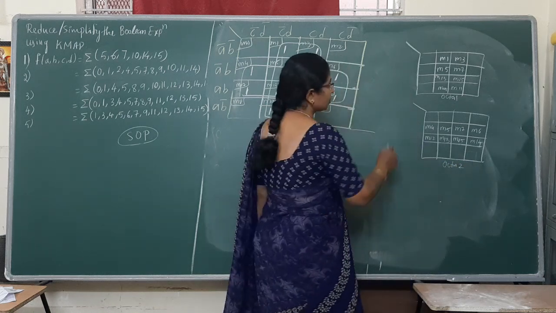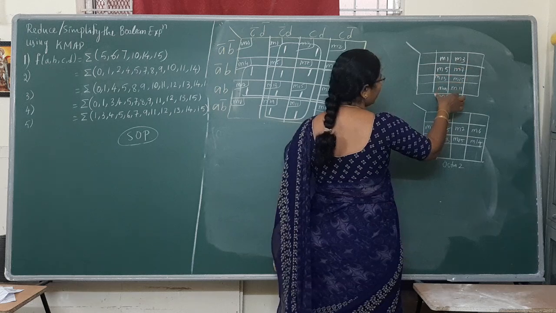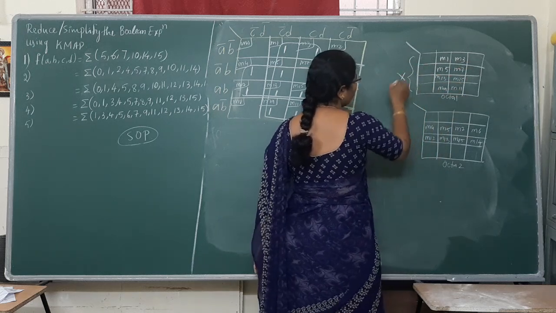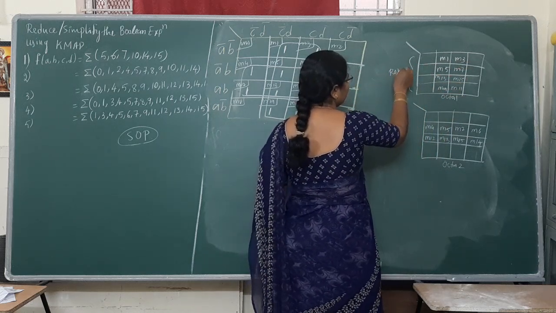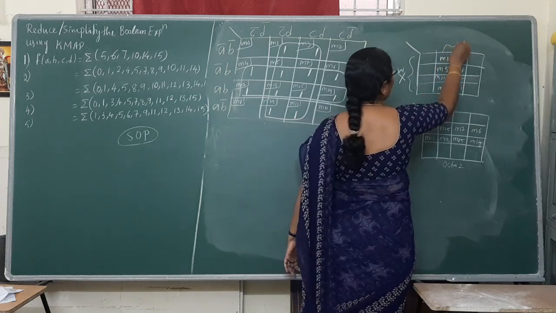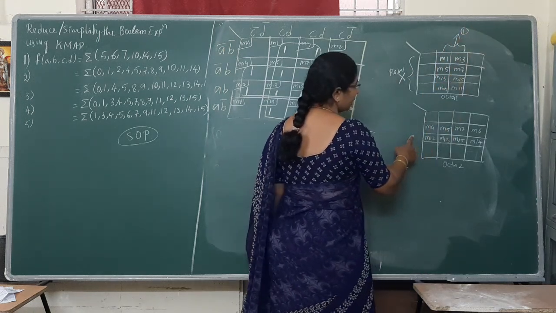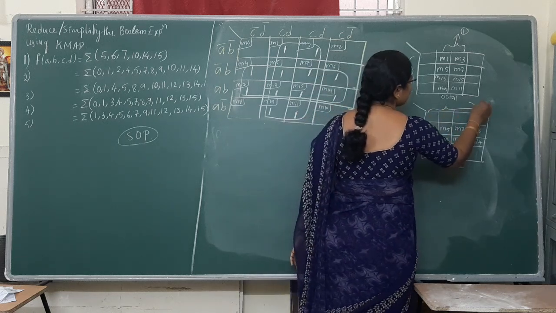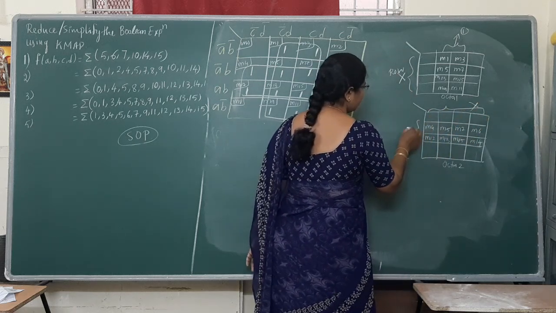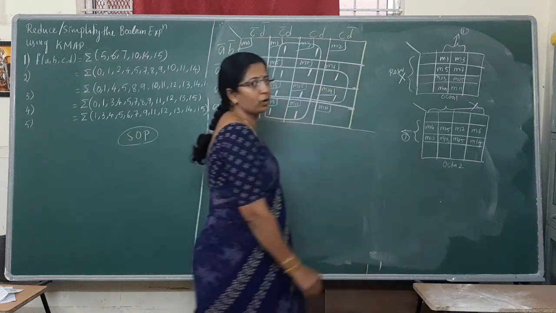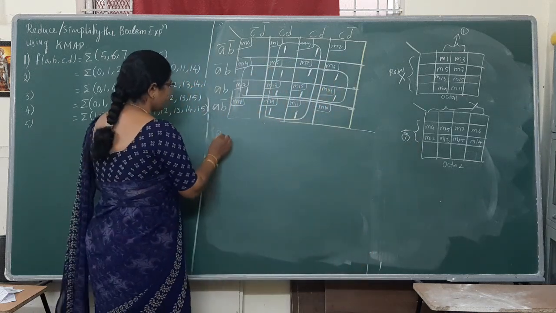How can you reduce? When we have vertical, all row labels get cancelled. Among these two, we need to take a single common variable, and here all columns get cancelled. So shall we write?